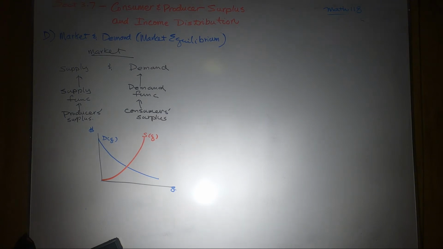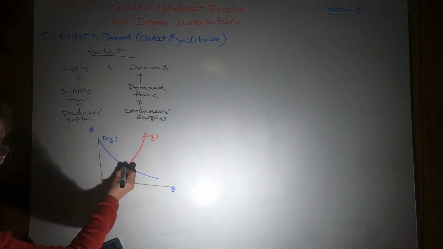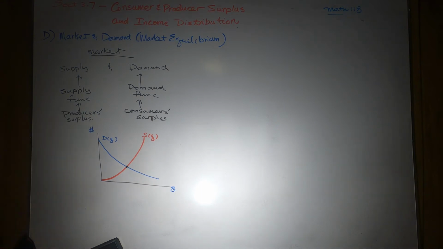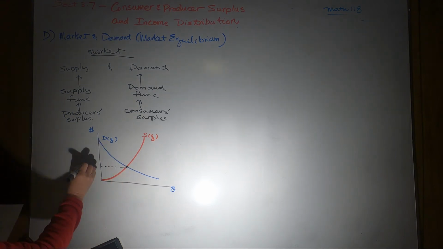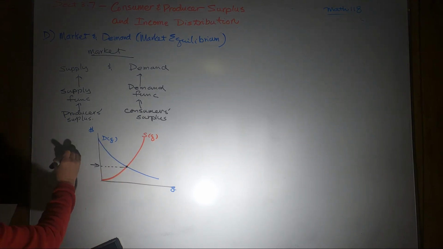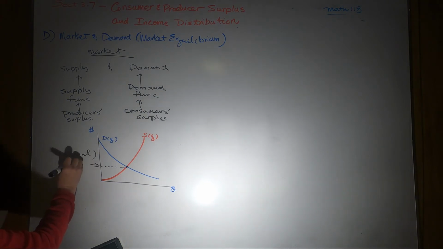So the market price for the ideal one will be where they meet, the supply and demand, right? So at this point, when they meet, that would be your ideal market price.